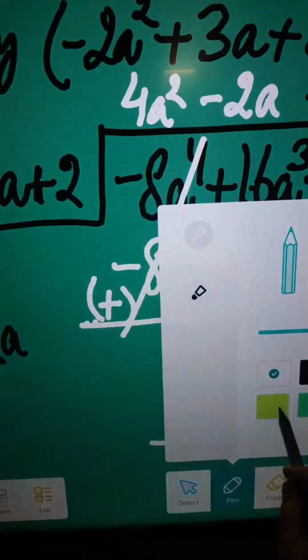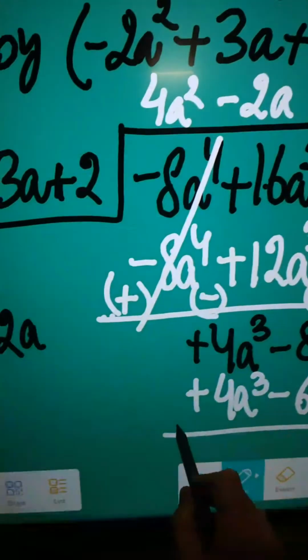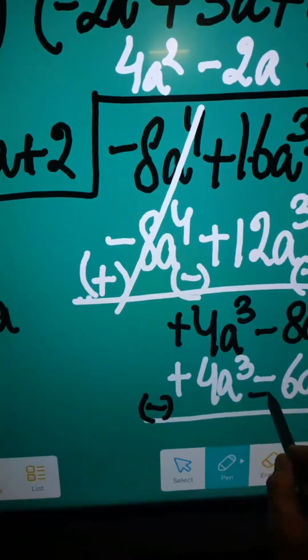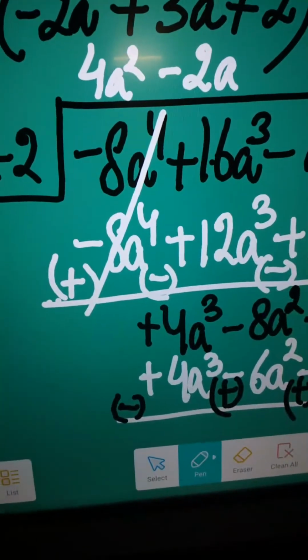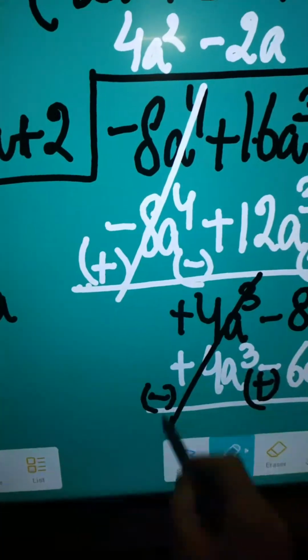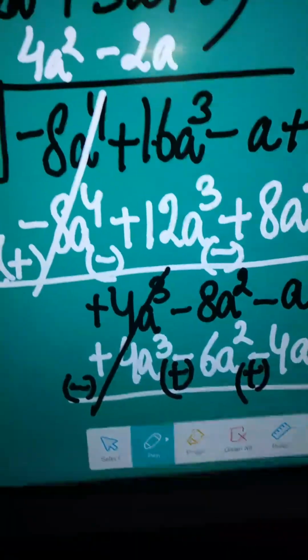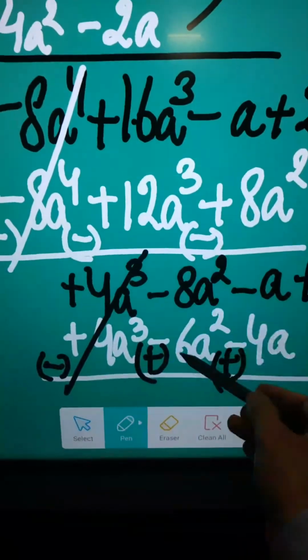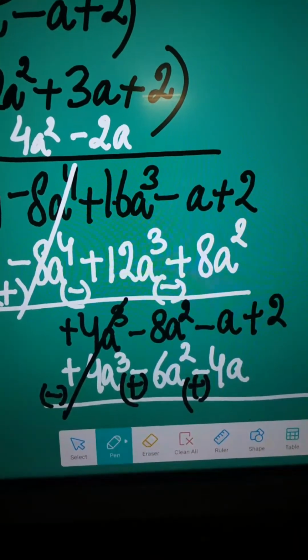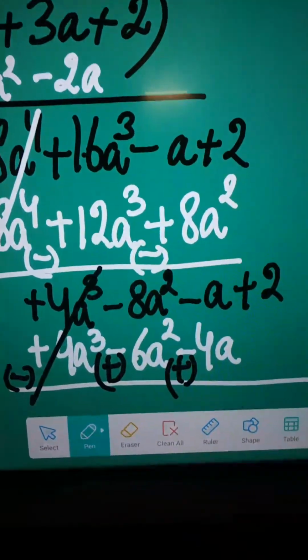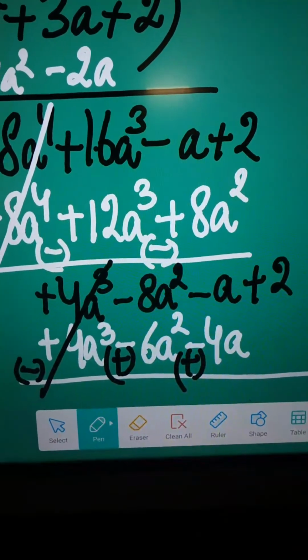Now change the sign. The lower number sign changes. So minus, this will become plus. This will become plus. This will subtract because they are the same. This will also subtract. What will it give you? Minus 8a square and minus 6a square.